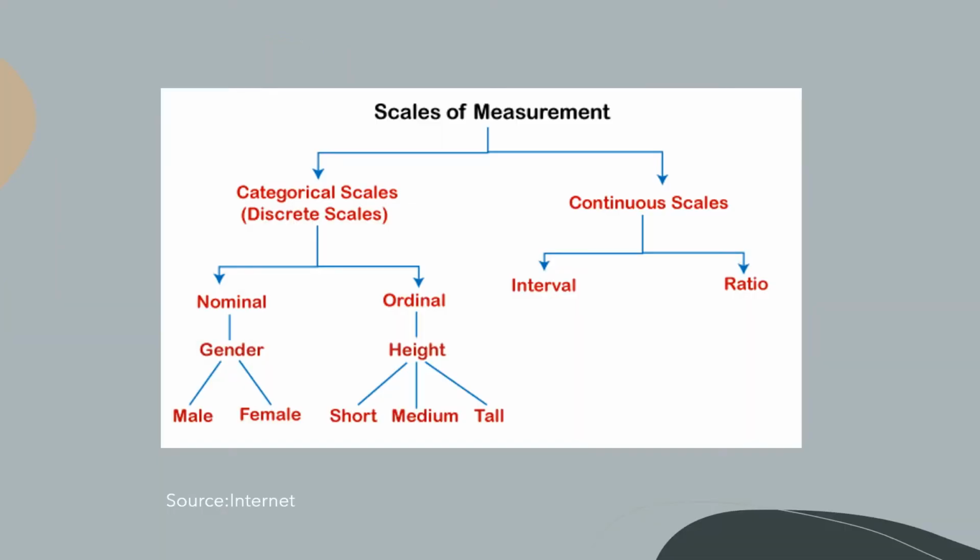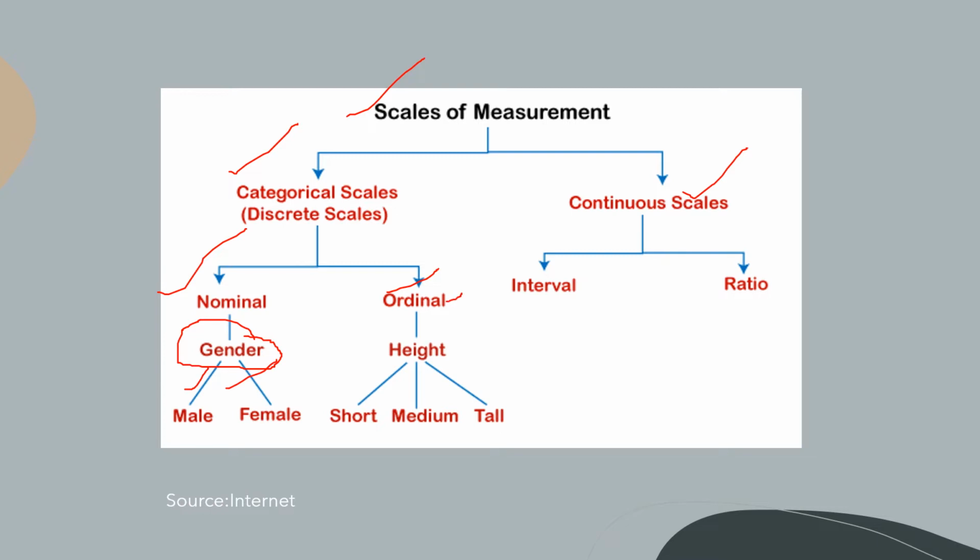So first, the types of scales of measurement. This is divided into two types. One is categorical scale and another is continuous scale. The categorical scale is divided into nominal and ordinal. An example of nominal scale: if we take the parameter of gender, male and female is a kind of nominal scale.